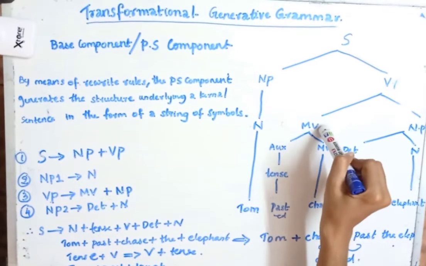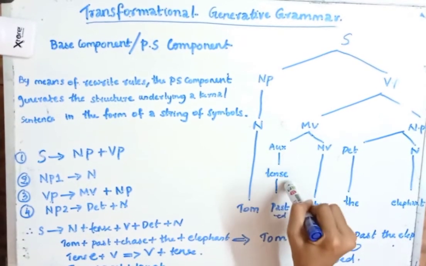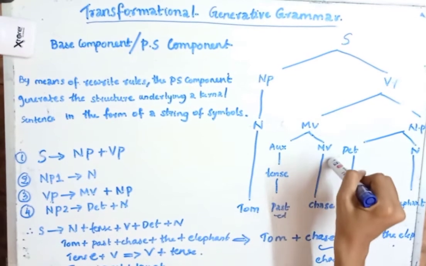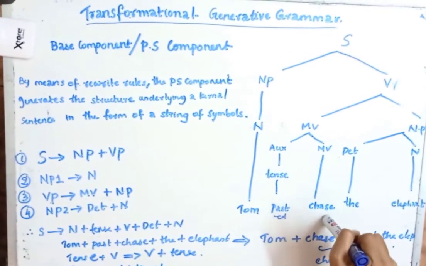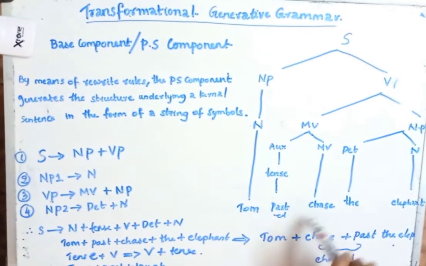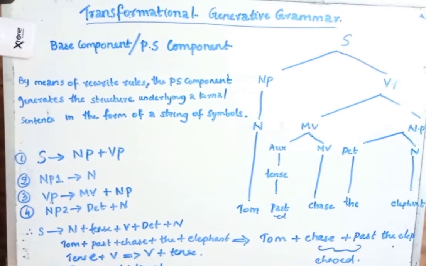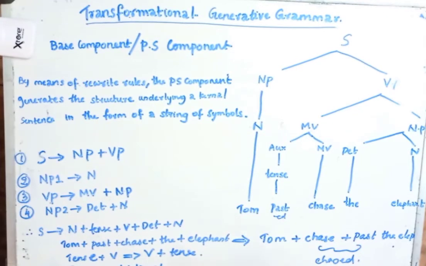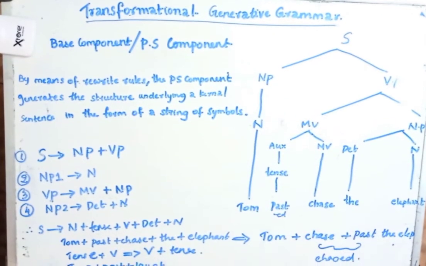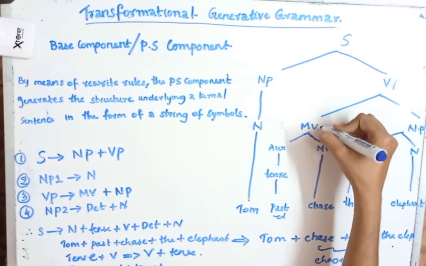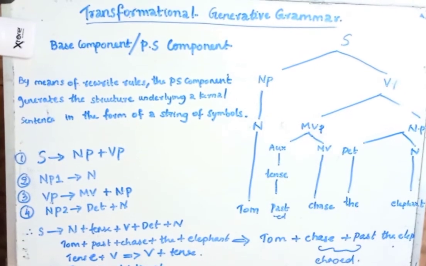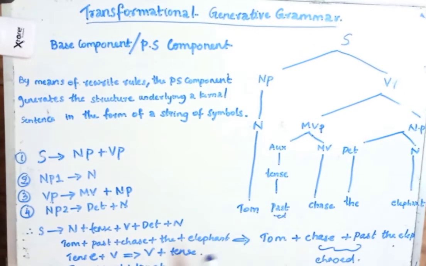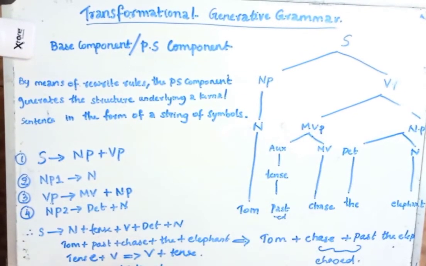The main verb here contains an auxiliary tense, which is past, and a main verb, chase. Together it constitutes the main verbal phrase. Here we write it as MV. The main verb has an auxiliary as well as a main verb. We often write it as VP, but in your textbook it is written as MV.